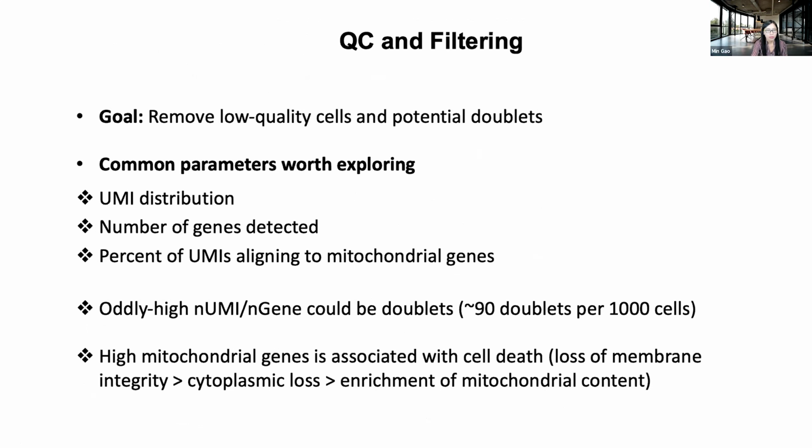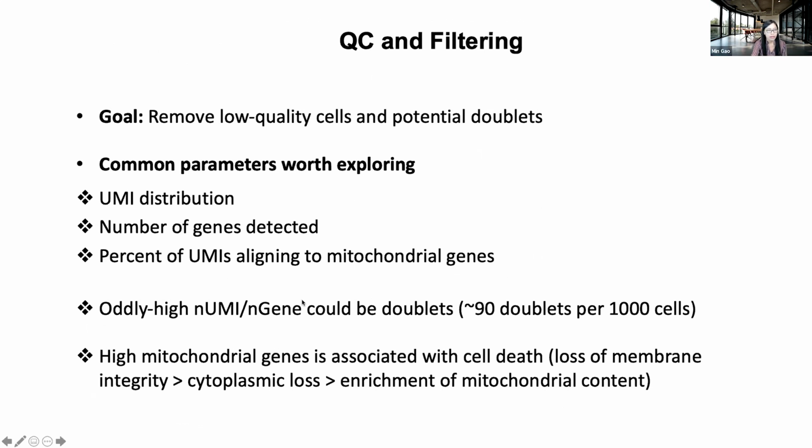The first step in processing the gene expression matrix is QC and filtering. The goal of this step is to remove the low quality cells and potential doublets. And there are many parameters we need to consider, such as the UMI distribution, the number of genes detected, or the percentage of mitochondrial genes.